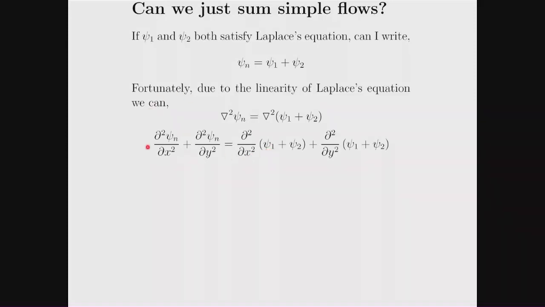Right, so on the left hand side I have del squared psi n over del x squared plus del squared psi n over del y squared. And that's going to be equal to del squared del x squared of psi 1 plus psi 2 plus del squared del y squared of psi 1 plus psi 2. Okay.